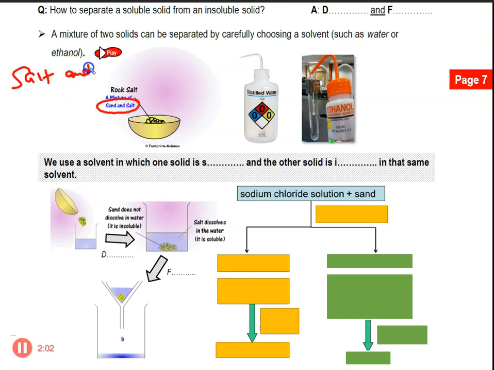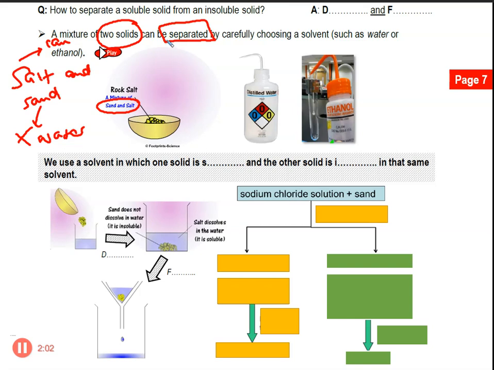Now you know that sand is insoluble in water, but salt can dissolve in water. So we're talking about two solids here that can still be separated. I don't think you want to actually go through the solid sand and salt mixture one by one and try and pull out all the sand particles from the salt particles, right? Because that is simply too tedious.